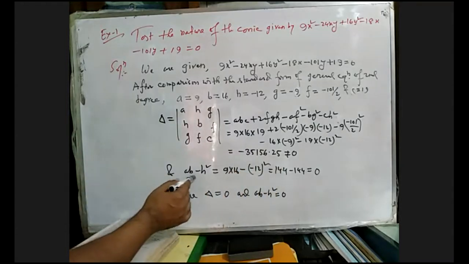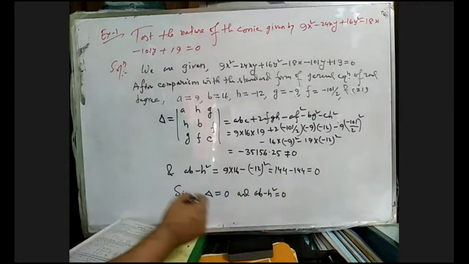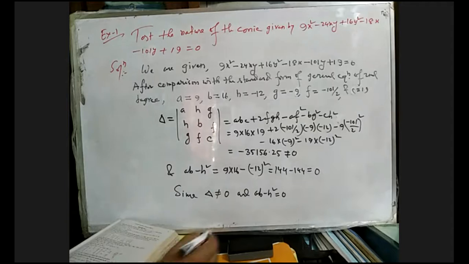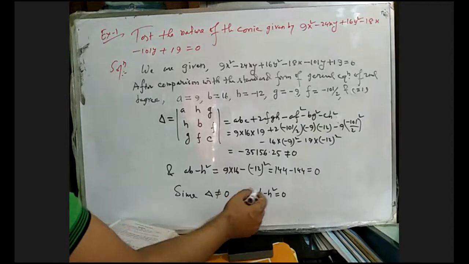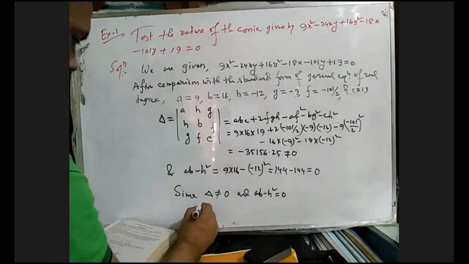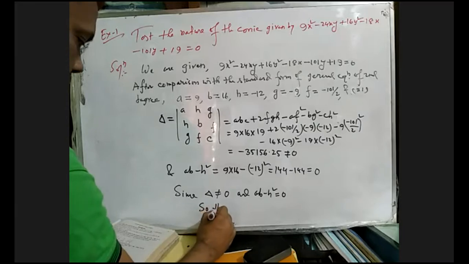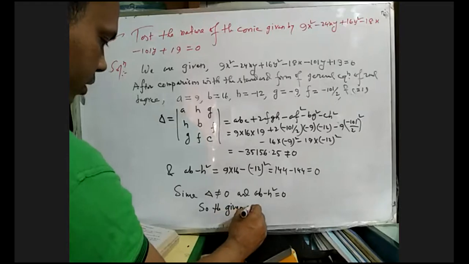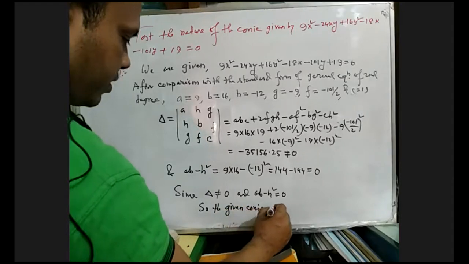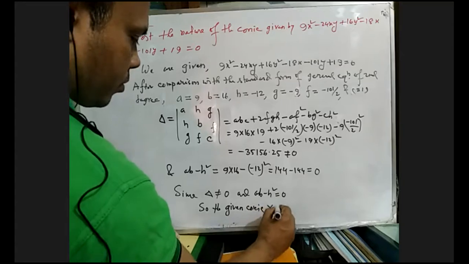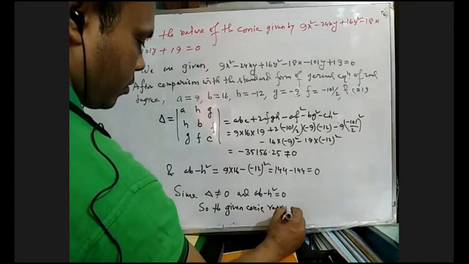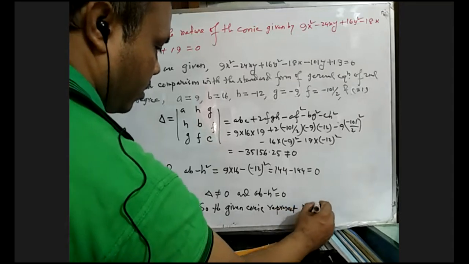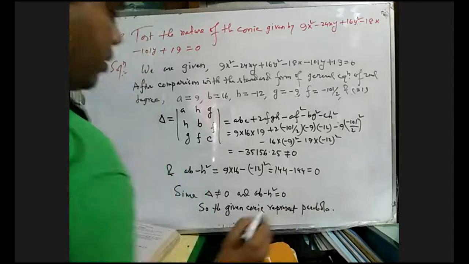Again, ab minus h square equals 0. So if the determinant is not equal to 0 and this discriminant ab minus h square is 0, then the given conic represents a parabola.